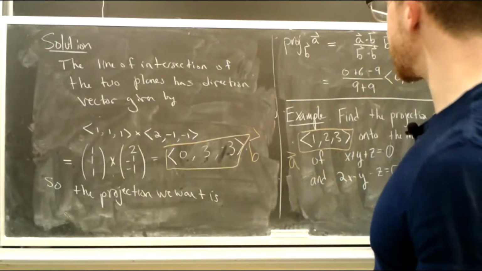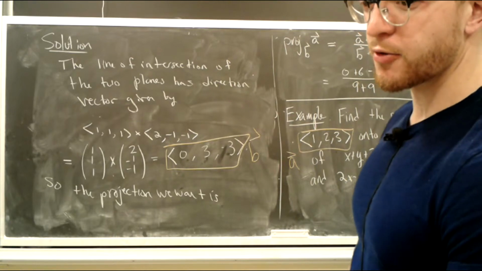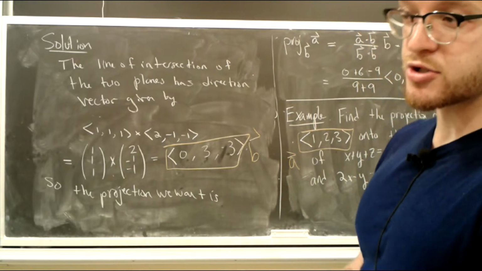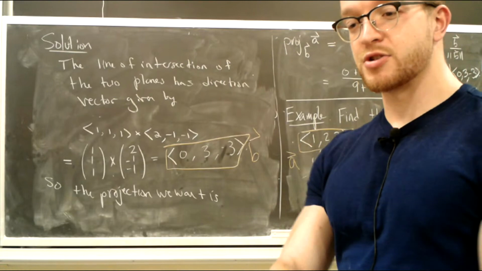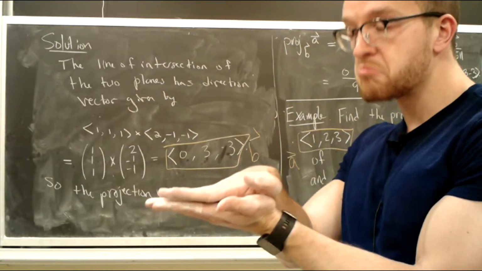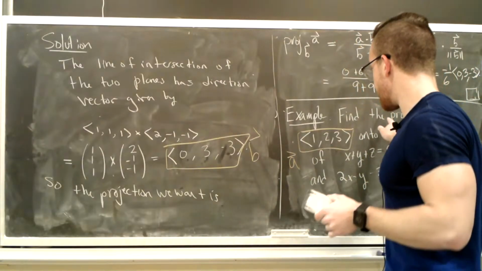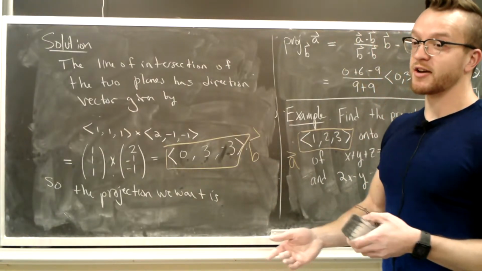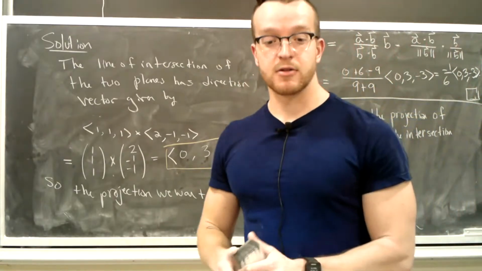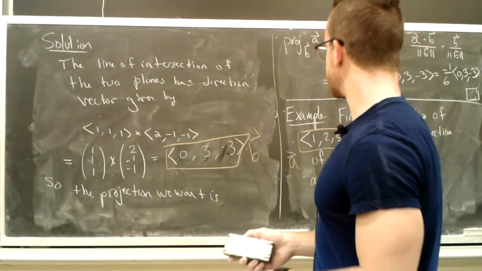Just based on the way I phrased the question, I said find the projection. When we talk about projections, the projection of a vector is a vector. So I would want, in this case, the vector. If the question said find the component of something, then you could just give the component.